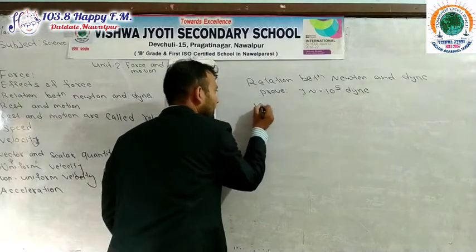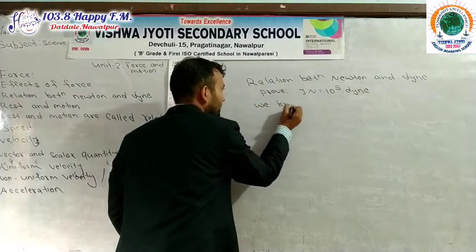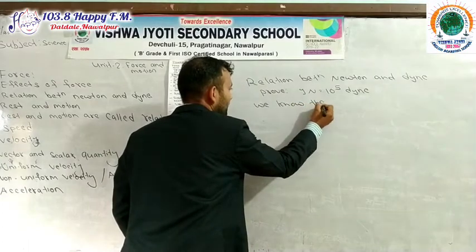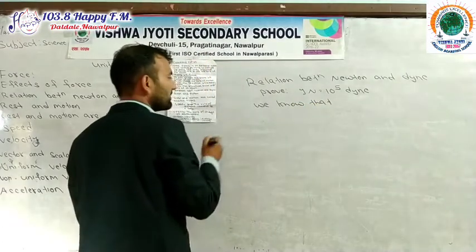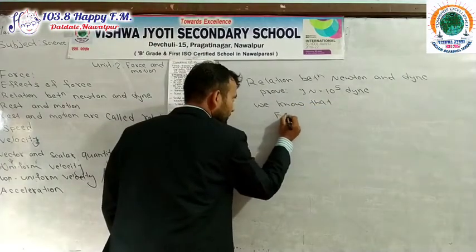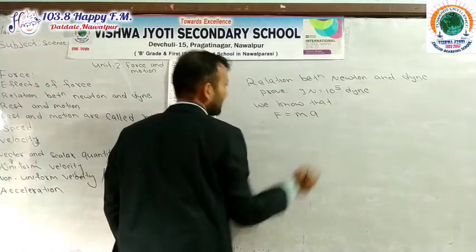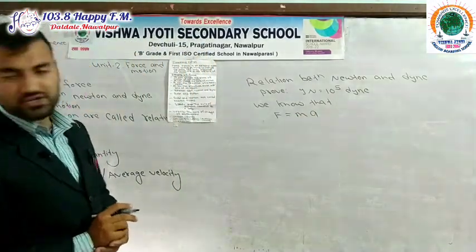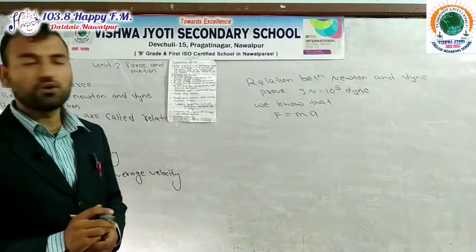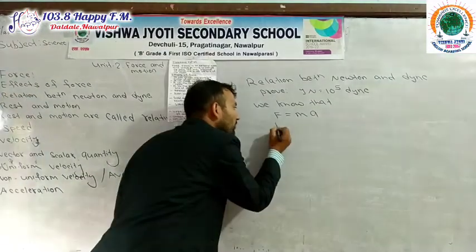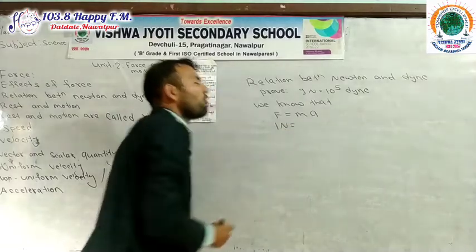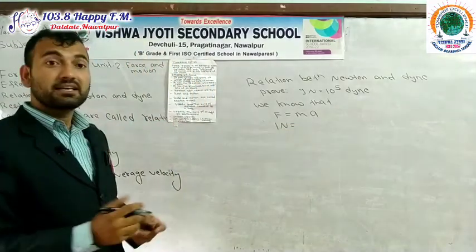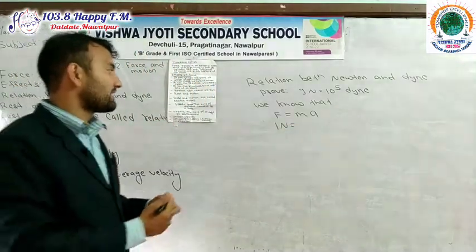We know that F equals ma. What is the SI unit of force? Newton. 1 Newton. What is the SI unit of mass? kg.